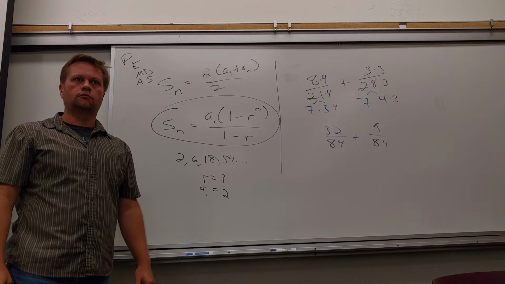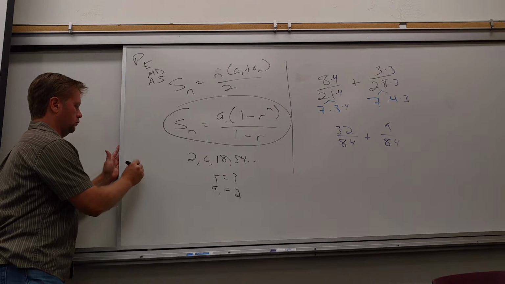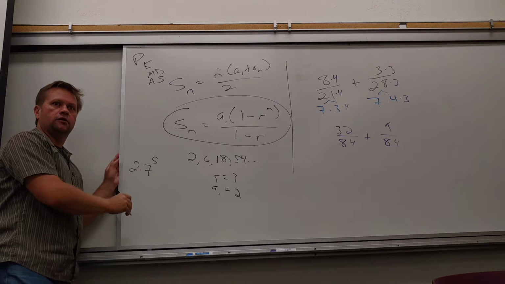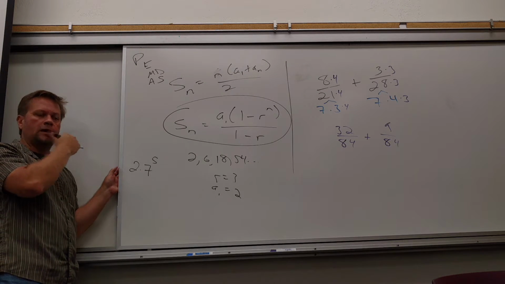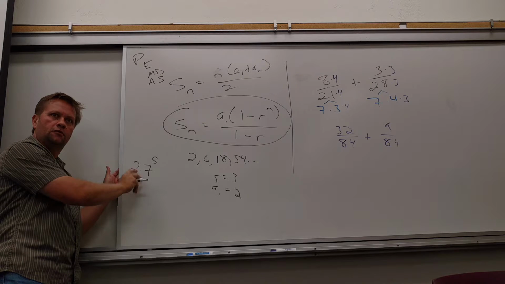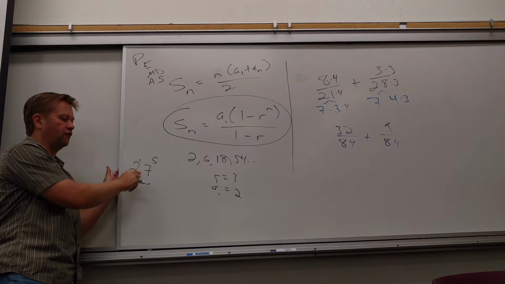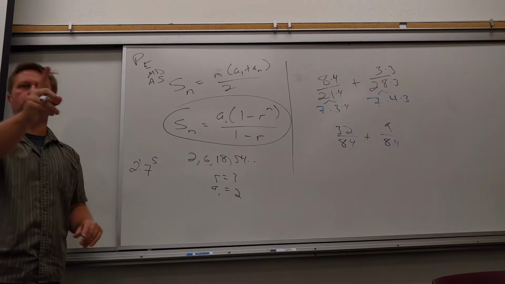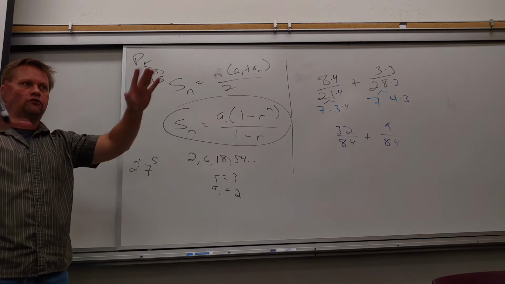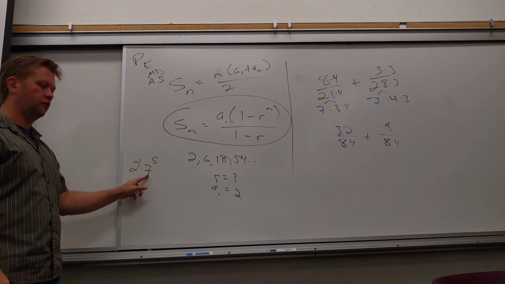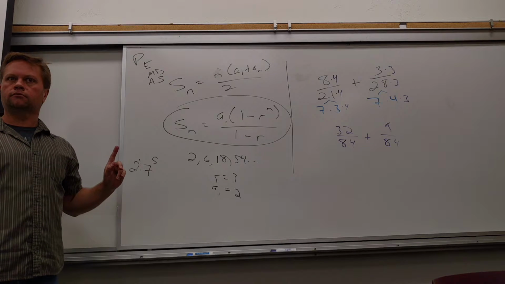Okay. So for example, if I had 2 times 7 to the 5th power, that is not 14 to the 5th power. Hell no. How many 2's do I have? 1. How do I make 5 14s if I have 5 7's and 1 2? I can't do that. So order of operations saves you from even having to think about it like that. Do the power first and then multiply. Order of operations.